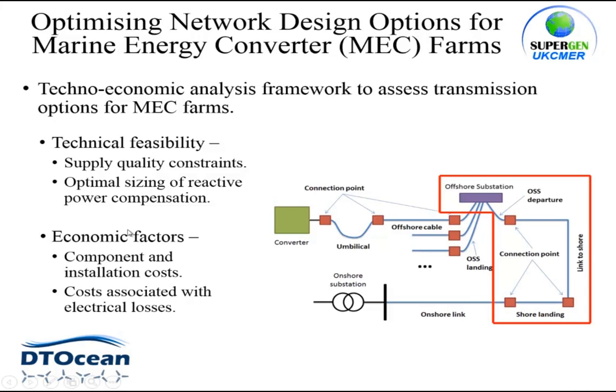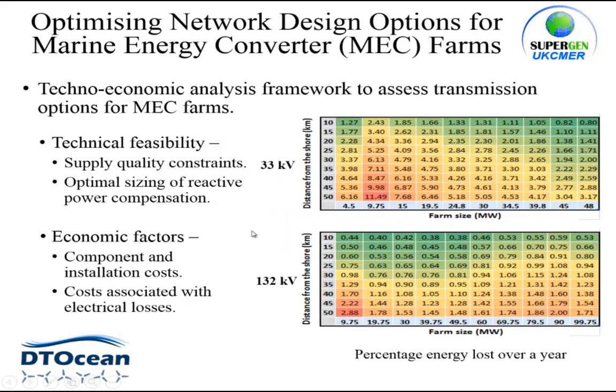On the economic factors, we've got component installation costs and the cost associated with electrical losses. So here's an example. We're looking at the percentage energy loss over a year for different farm sizes and different distances from shore at 2 different voltage transmission levels.